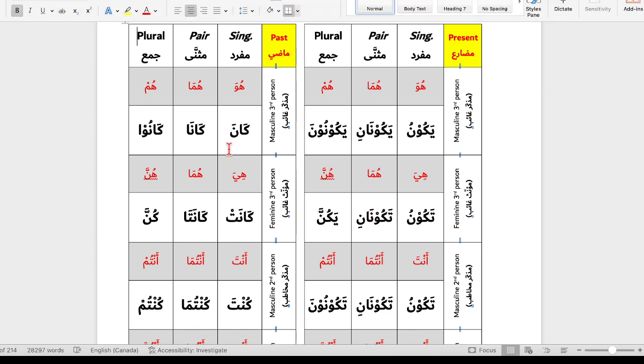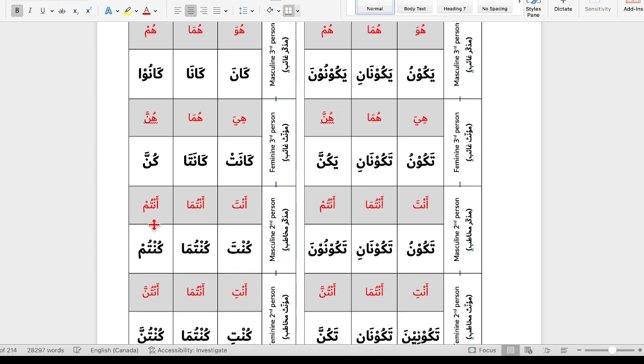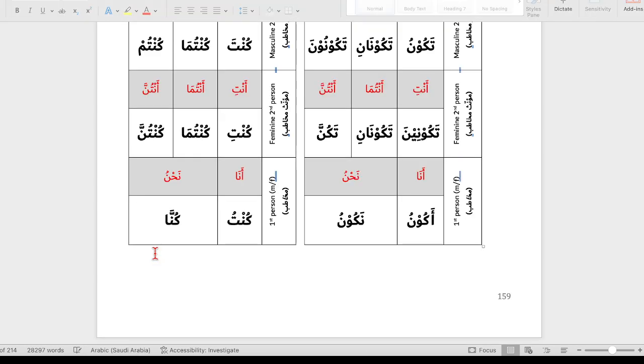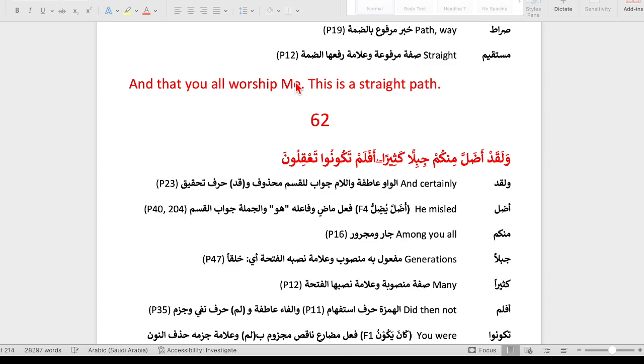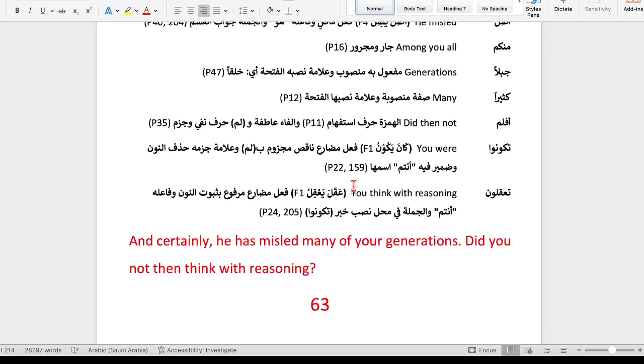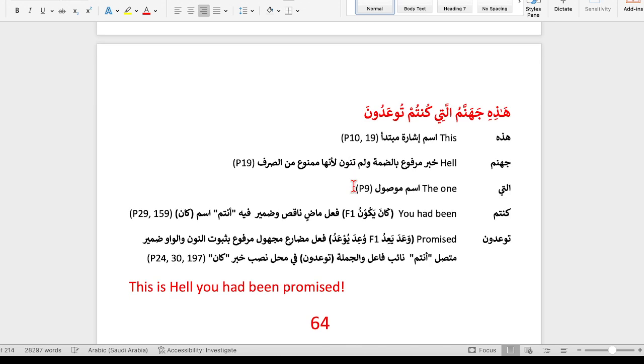You see here the past tense: huwa kana, huma kana, hum kanu, hiya kanat, huma kanata, hunna kunna, anta kunta, antuma kuntuma, antum kuntum. So kana changes to kuntum for antum. Kuntum, you had been or you were.